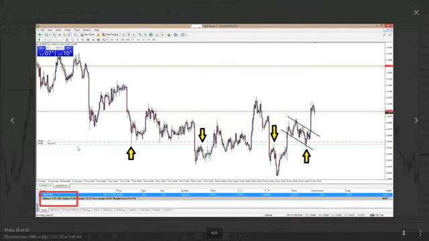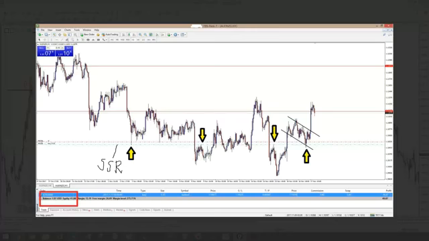This is the SSR. Let me draw this, then make it smaller. This is my SSR.